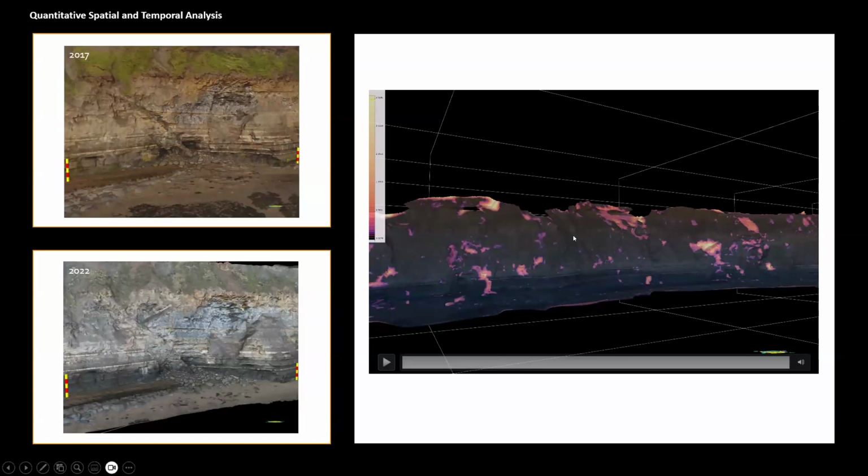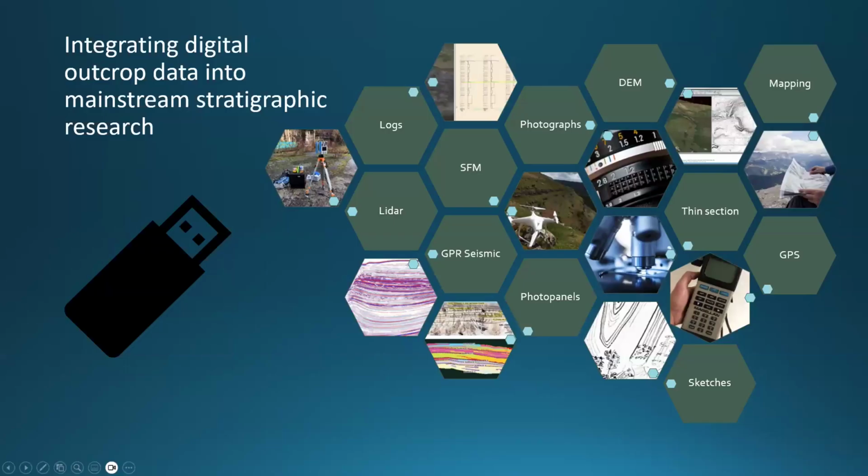This problem is equally applicable to planetary mapping and to what we have on Earth. We have a whole range of different data types that we have to deal with and integrate into different bits of software.